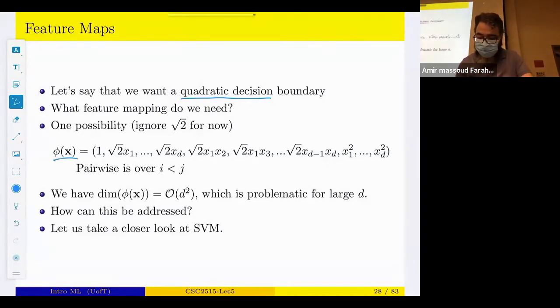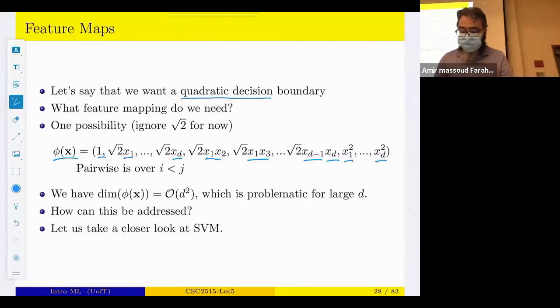So we can choose phi of x, just as an example, to be 1, x1, x2, x3 up to xd, and then the pairwise combinations of dimensions i and j: x1 x2, x1 x3, up to x(d-1) xd. And then we have the quadratic terms for each of the x dimensions: x1 squared up to xd squared. So this is one feature mapping that allows us to get quadratic decision boundaries.